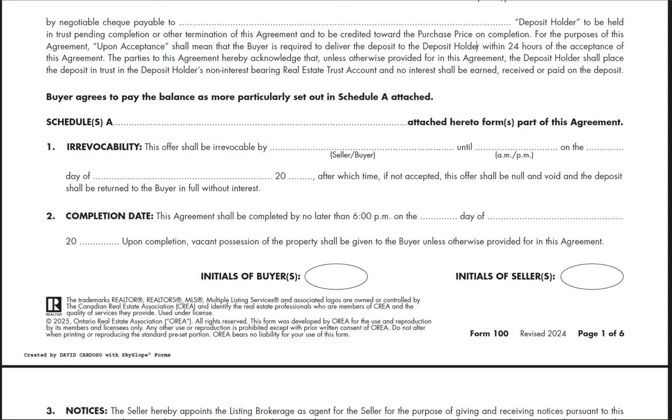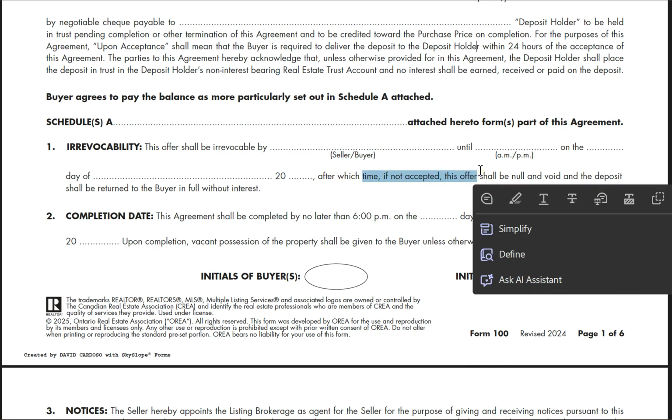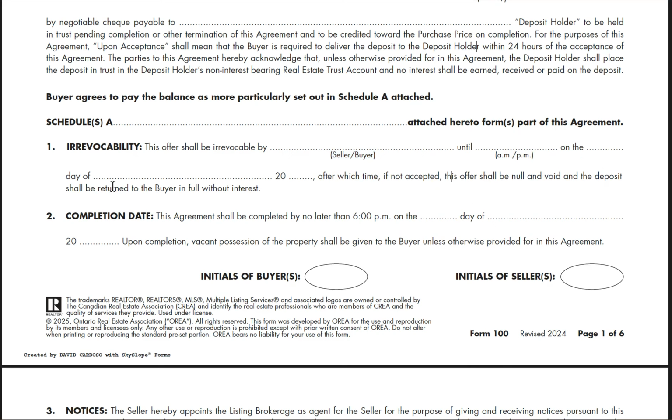For example, if an offer is made and there's an irrevocable, once that buyer or seller gives an irrevocable, they are saying that they are committed to this agreement until a certain time frame, and if not accepted, this offer is null and void, and the deposit shall be returned to the buyer in full without interest.